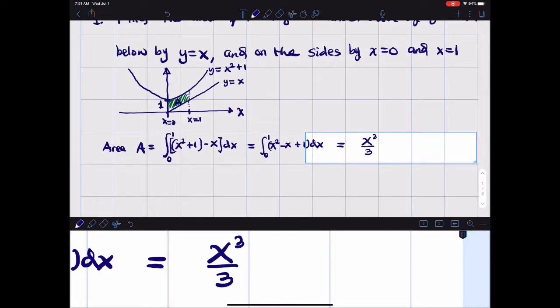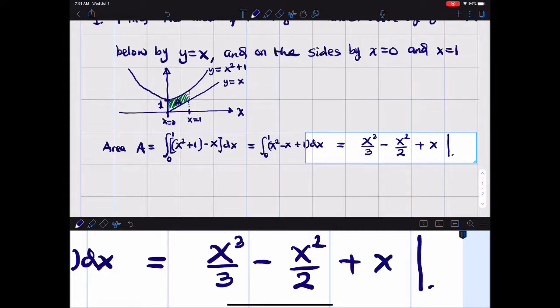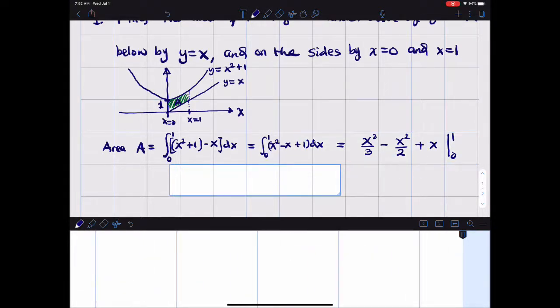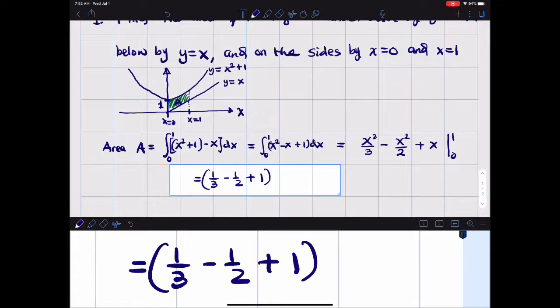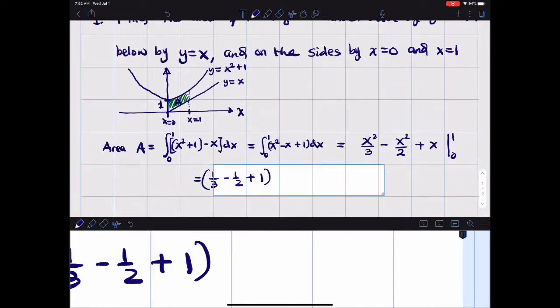So you just add 1 to the exponent and divide by the result, minus x squared over 2 plus x. And you go from 0 to 1. You plug in 0 and you plug in 1 and you subtract. So if you plug in 1, you get 1 over 3 minus 1/2 plus 1. If you plug in 0, you just get 0. So if you add up everything here, you get 5 over 6.